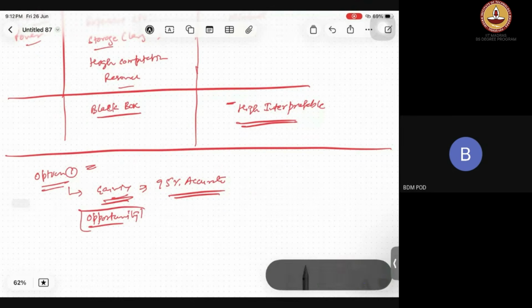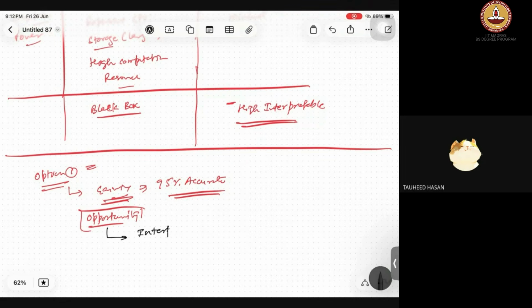Your opportunity cost here is interpretability. You are not able to interpret your results.